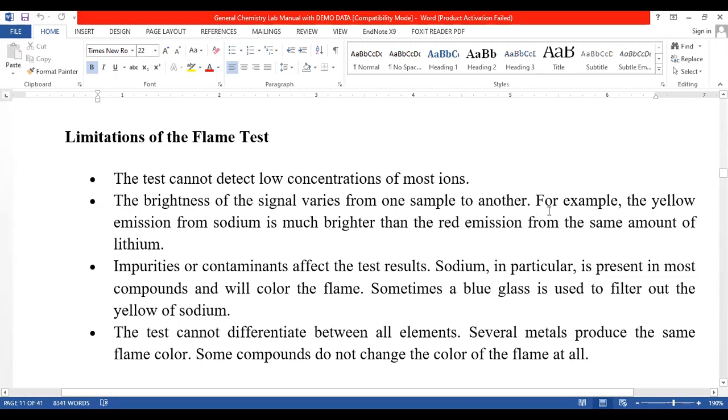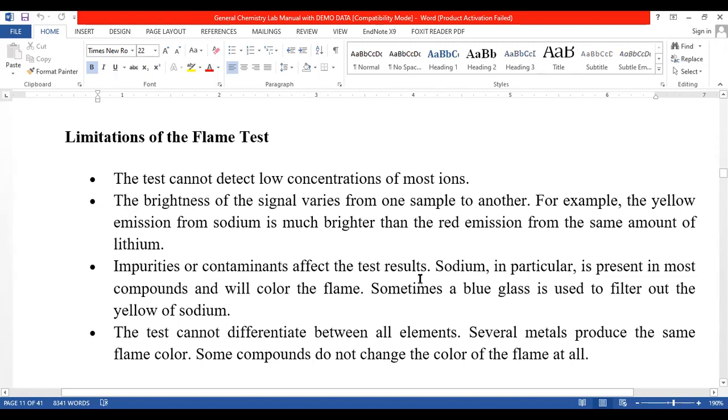For example, the yellow emission from sodium is much brighter than the red emission from the same amount of lithium. If we have any problem with visual ability, that could cause a problem, but usually this is not a big deal. We can differentiate that.